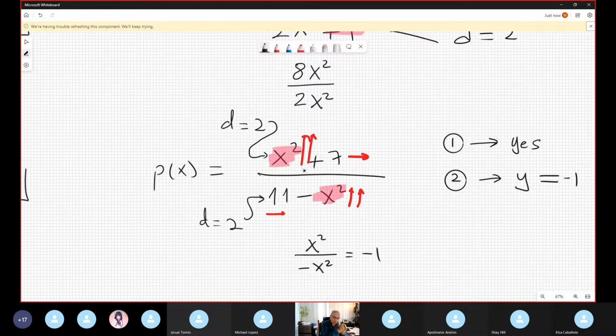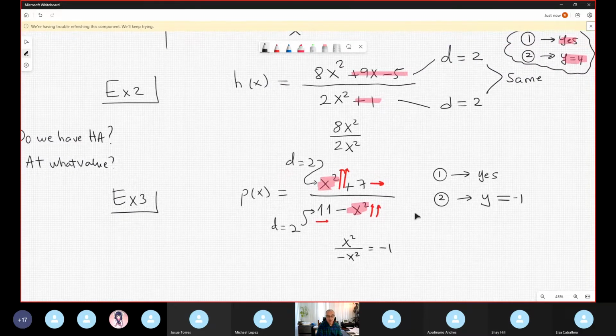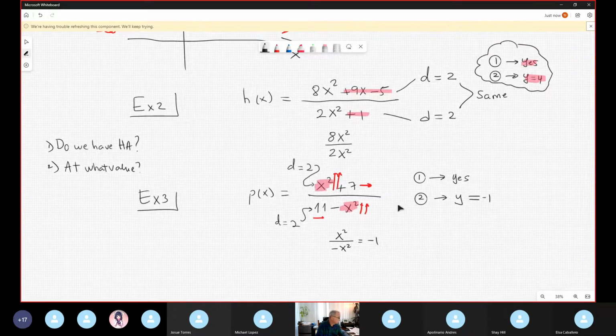Oh, yes. Okay, look. One more idea. When you analyze the horizontal asymptote in a rational function, we are doing the famous degree analysis. And what is the famous degree analysis? You take the dominant terms. Example 3 was tricky.